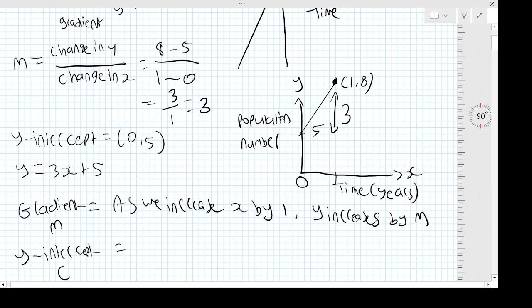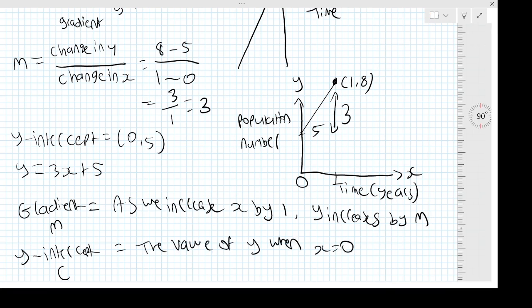And so the y-intercept in this case, what's special here is that that's us on the y-axis. That's when x is 0. We call that the value of y when x is 0, okay?